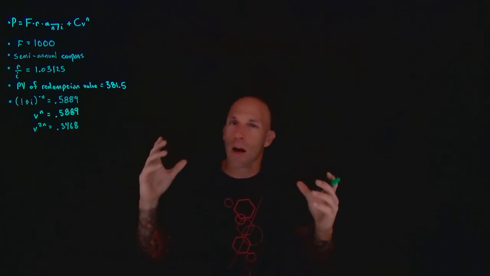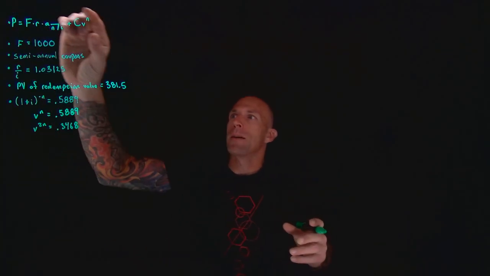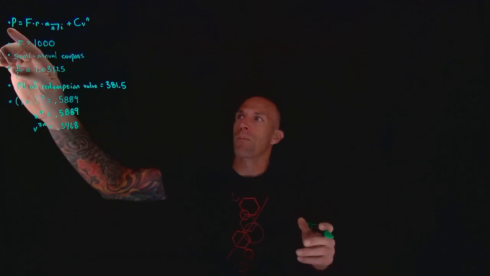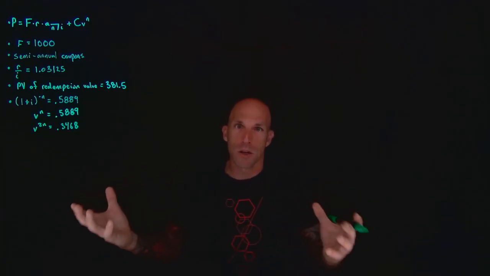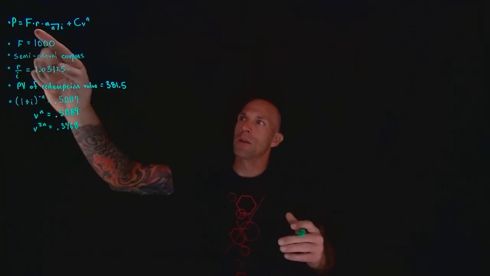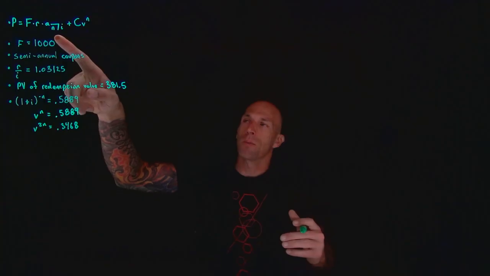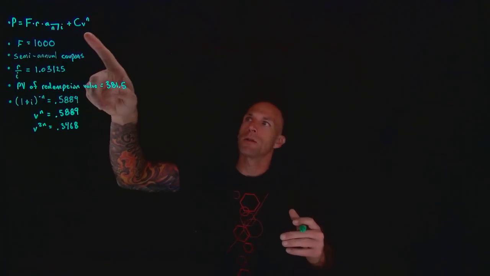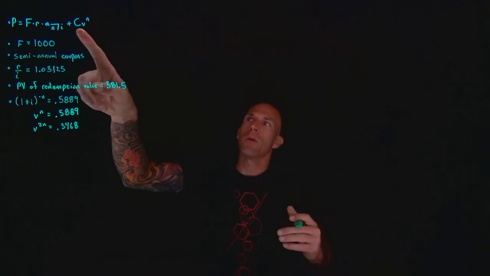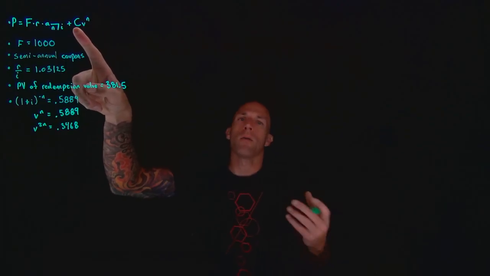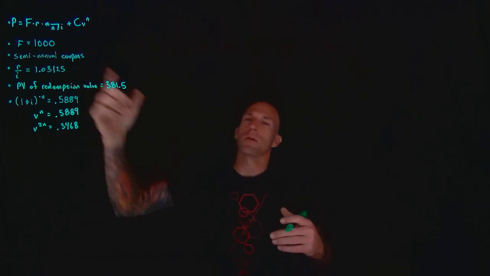And then let's talk about vocabulary. When we break down the bond formula, we have price is equal to the face value of the bond, or the par value, face value and par value being the same, times the coupon rate, times the present value of an annuity, plus the present value of the redemption value of the bond, which is usually the same as the face value.